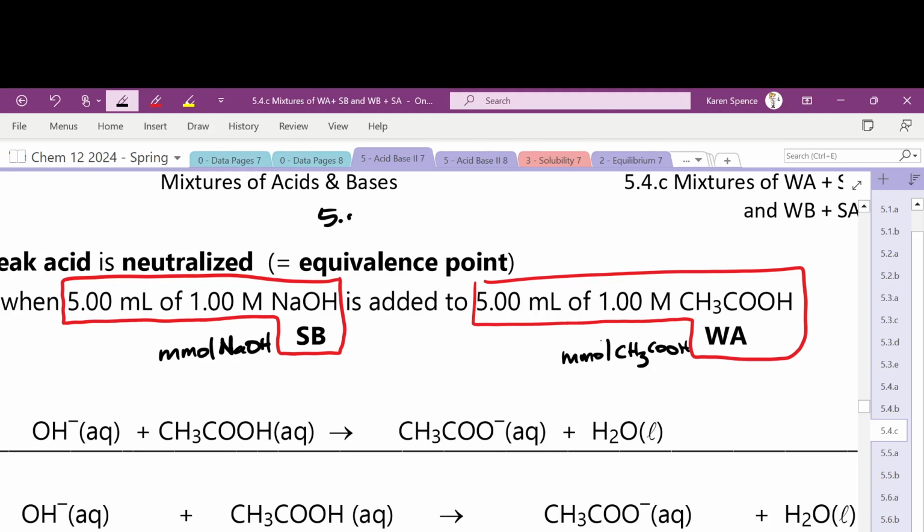Remember, you have 5 milliliters times 1 mole per liter, which gives you 5 millimoles. So we have 5 millimoles here, and 5 millimoles here. What is our total volume, just for later? 5 plus 5 is 10 milliliters total volume.